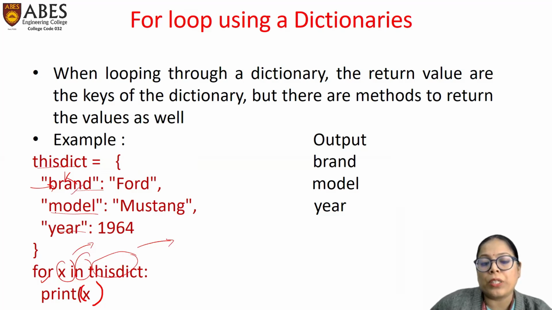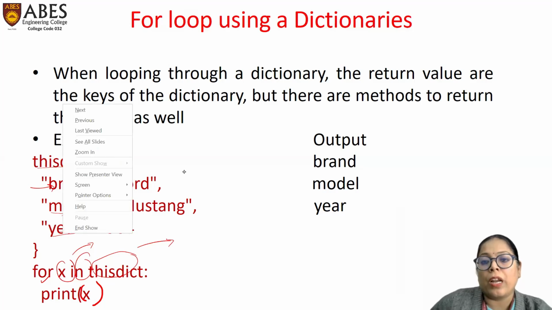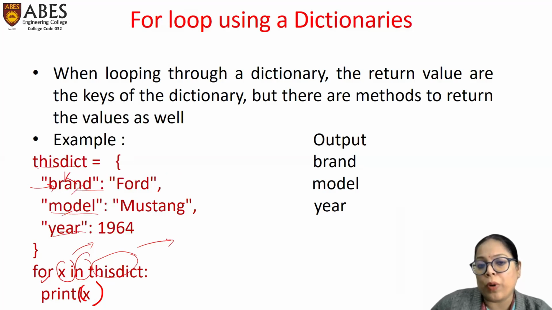Again it goes for the next one, it will check this and print this value, and next it will go for the next key and print it. After that it will again check whether there is a further key. It will find that there is no further key in this dictionary, so it will terminate there only.